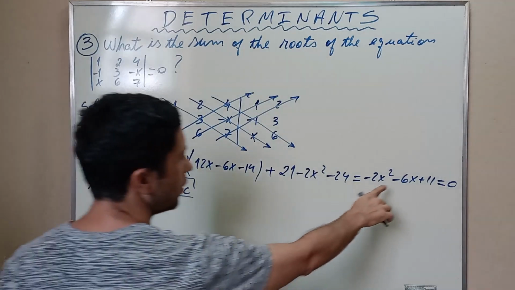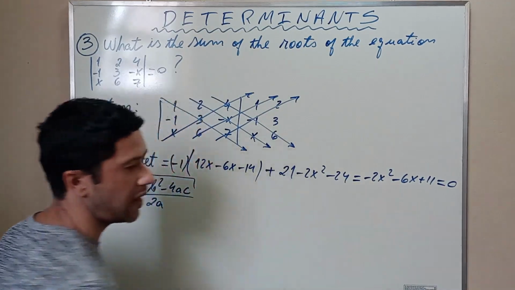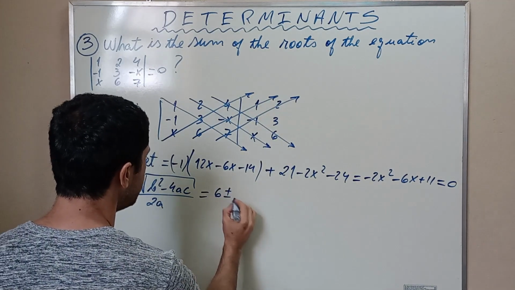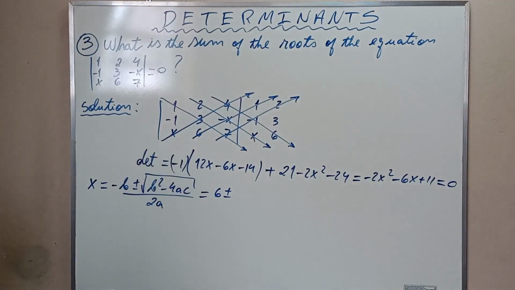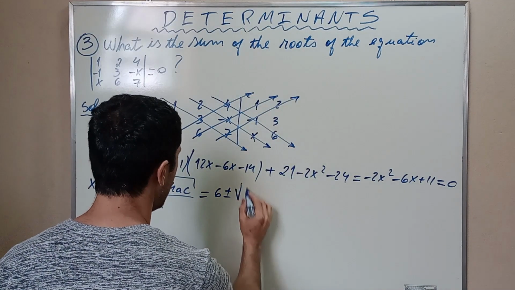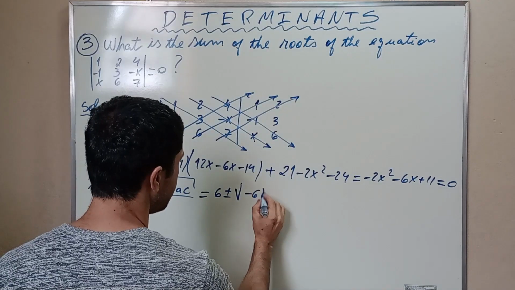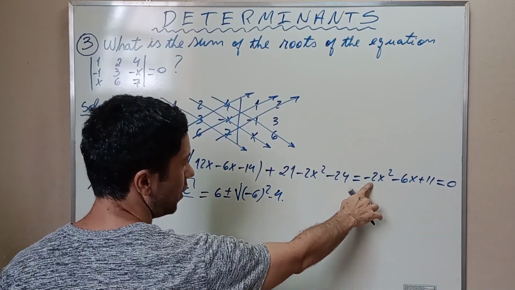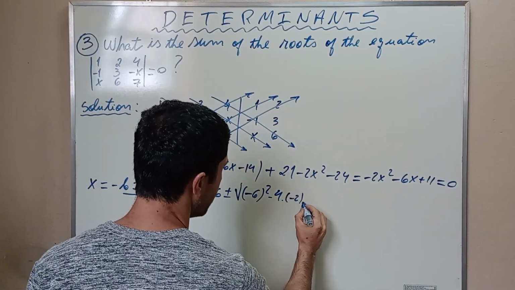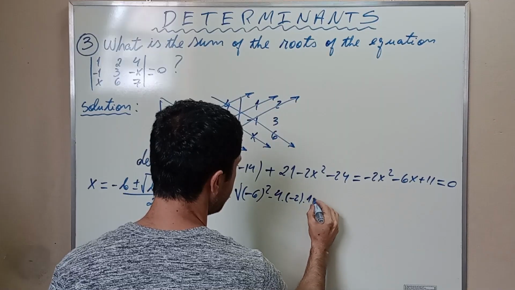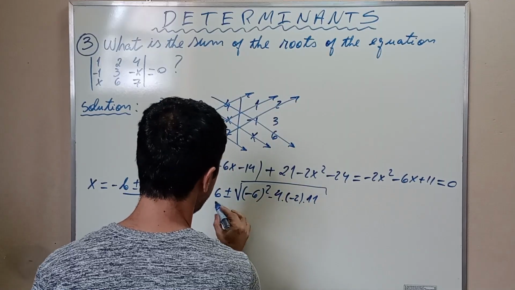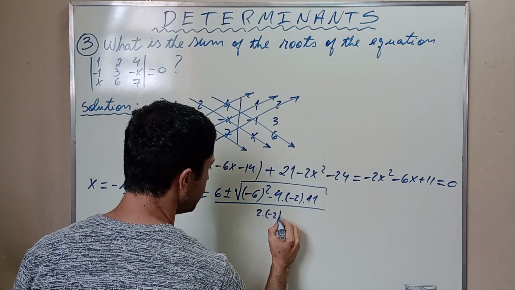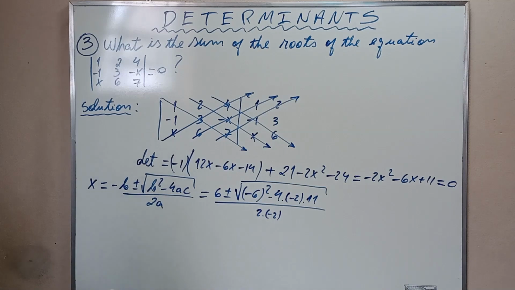Negative b is negative 6, negative 6 is positive 6, plus or minus the square root of negative 6 squared minus 4 times a, which is negative 2, times c, which is 11, divided by 2 times a, 2 times negative 2, a is negative 2.